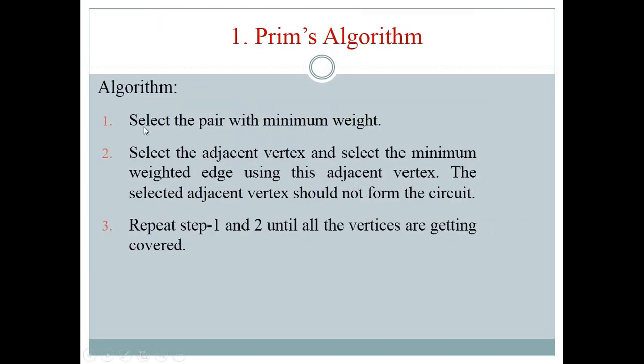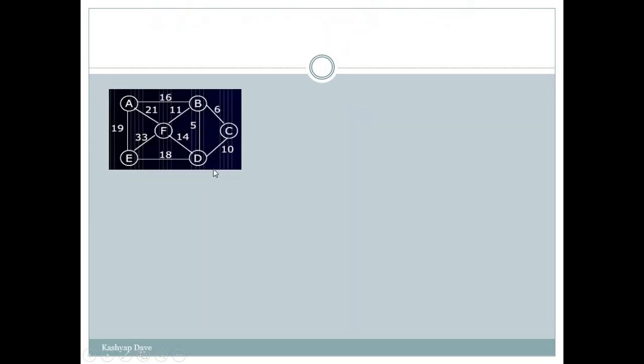This algorithm says we have to select the pair with minimum weight. So we will select this pair B and D with weight 5, because this is the minimum weight in the total graph.